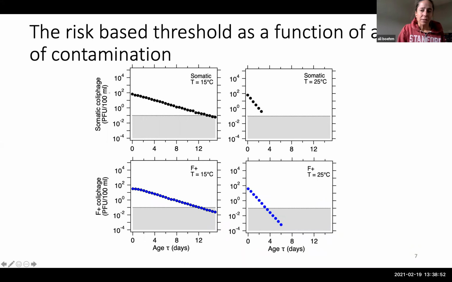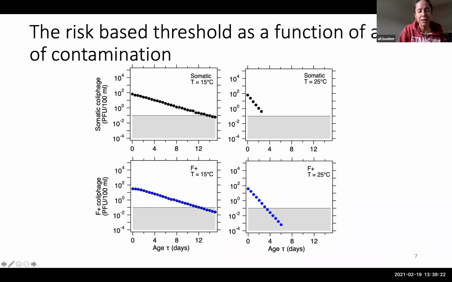On the y-axis is the concentration of coliphage, and on the x-axis is tau. This line shows the risk-based threshold, that is the concentration at which the median predicted illness is 32 out of 1,000 for different tau scenarios. So for example, at tau equals 0, fresh contamination for somatic coliphage at 15 degrees, the risk-based threshold is about 60 PFU per 100 mL.